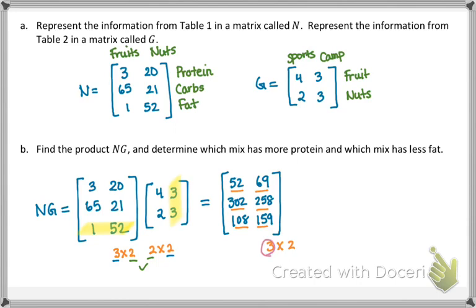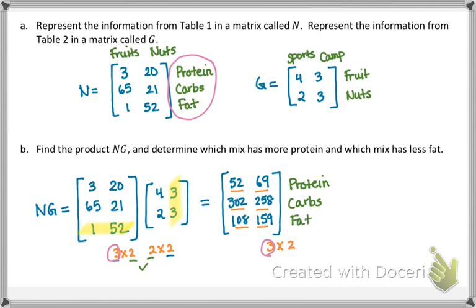These 3 rows in my new matrix came from the 3 rows of my first matrix, N, right? So we really took the rows from N, and so my rows represent protein, carbs, and fat.